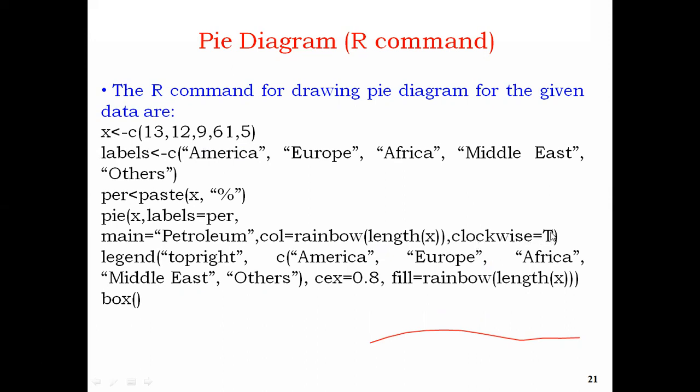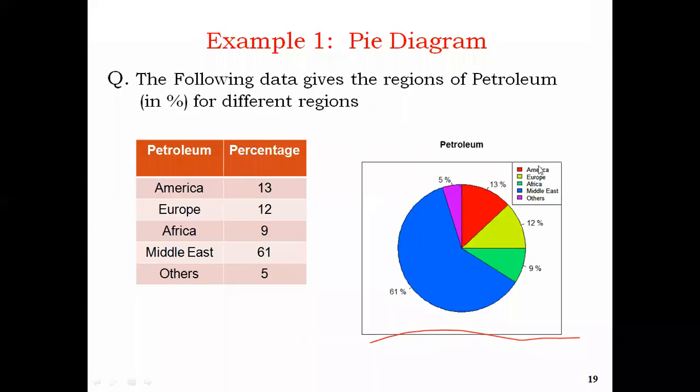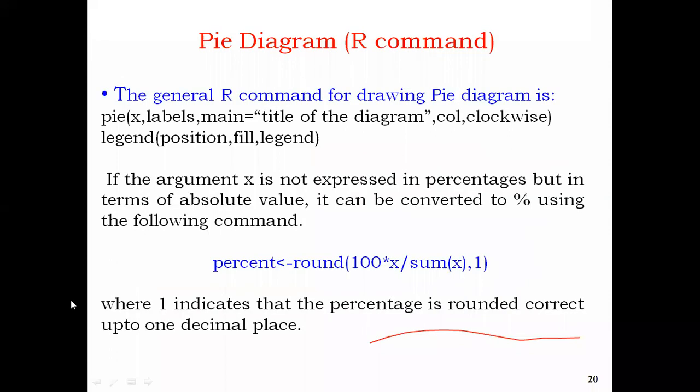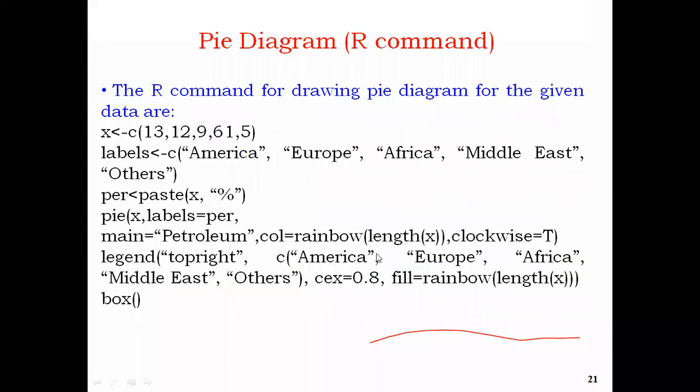Clockwise equal to T, which means true. Then legend: top right, which I have told, America is at the top side, on the right. Then c for the labels, America and so on.